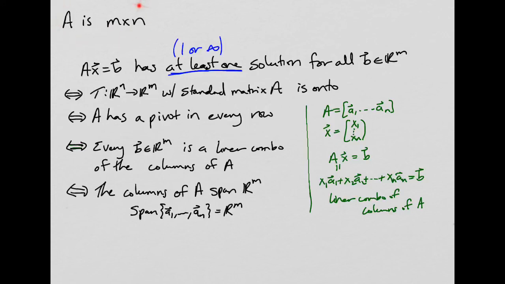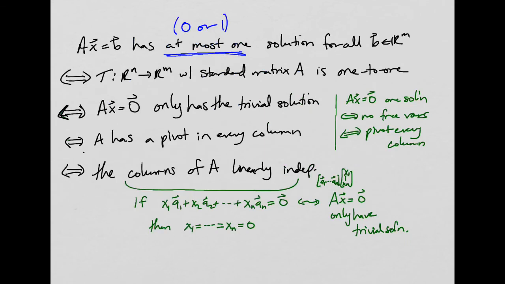What I've given you here is something more general, because I just have an m by n matrix, so the number of rows and columns are not the same in this setting. But if now I assume that n and m are the same, then all of a sudden everything becomes equivalent. So all 5 of these statements are still equivalent to each other, but they're also equivalent to all 5 of these statements.